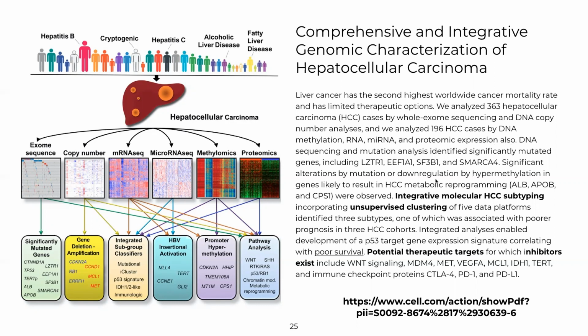And so you can see how they've identified several mutated genes, but they also looked at other ways of regulation, hypermethylation, for example. And finally, their goal was to provide an integrative molecular subtyping, just like we did with the breast cancer data, incorporating unsupervised clustering of 5 data platforms, identified that, etc., right?